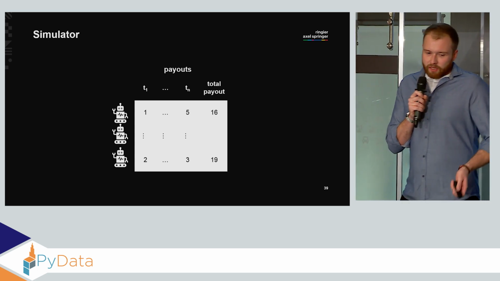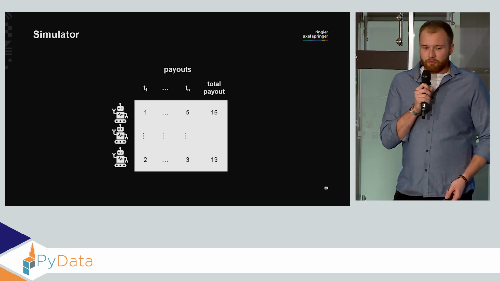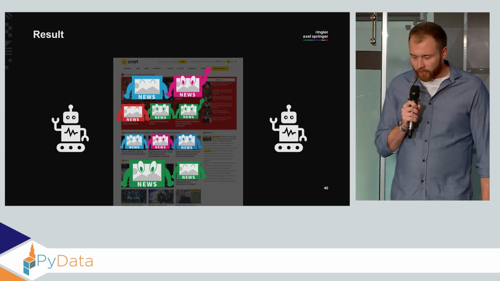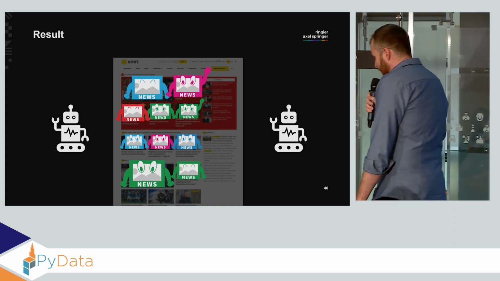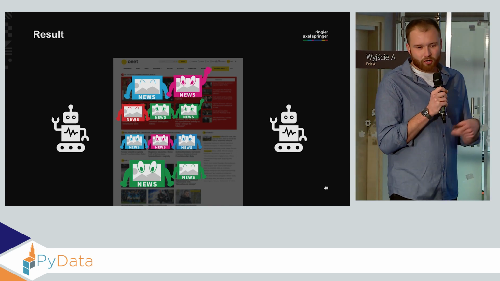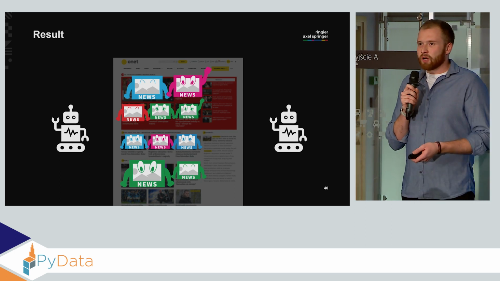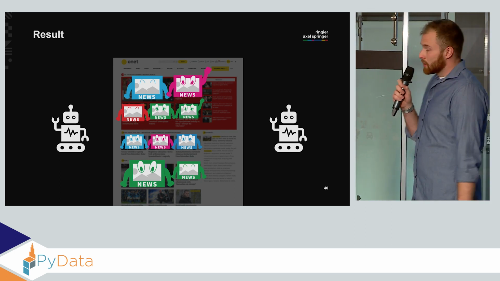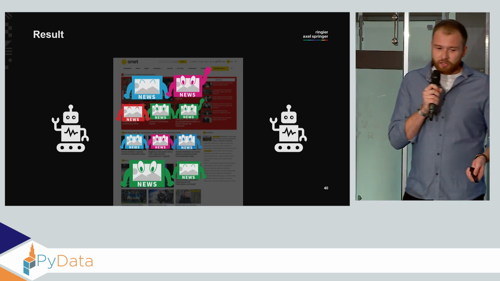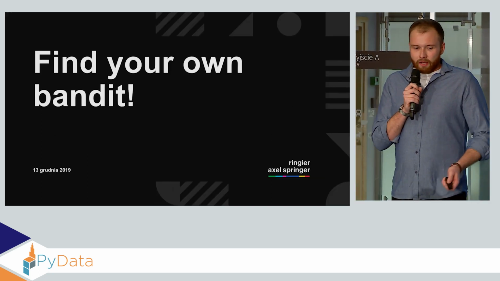After that, we can choose the best one, which maximizes our profit. If you're interested in how our approach works in the real world, you can visit our onet.pl homepage, because it's fully published using this approach.